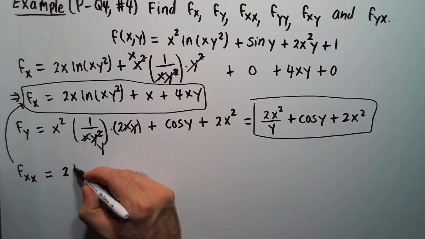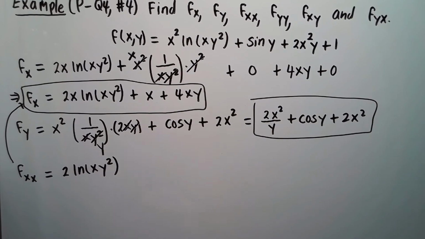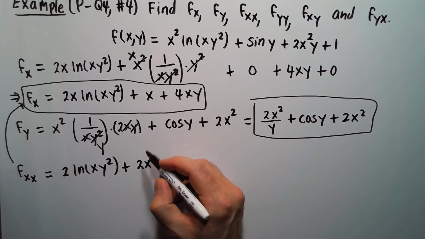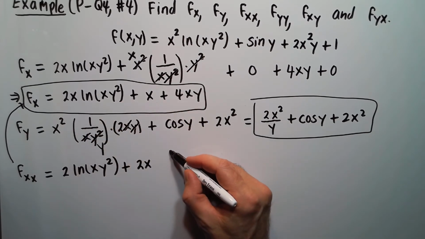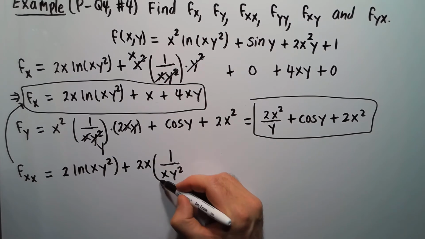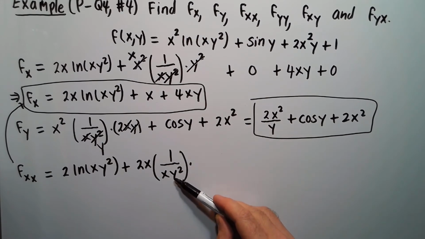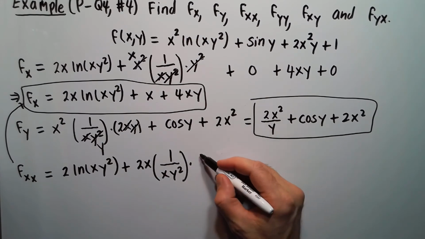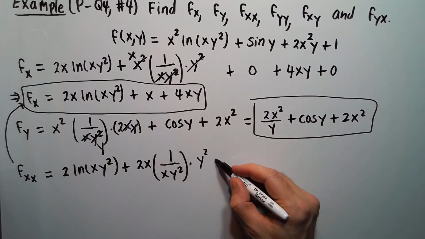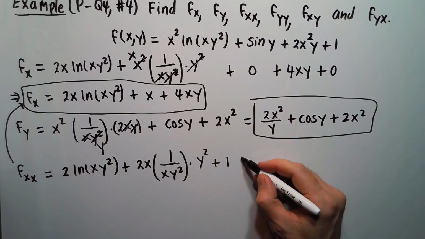So be 2 ln of xy squared plus first function 2x times derivative of second, so be 1 over xy squared times the derivative of xy squared with respect to x, so just be y squared then, and then derivative of x would be 1, and derivative of 4xy would be 4y.